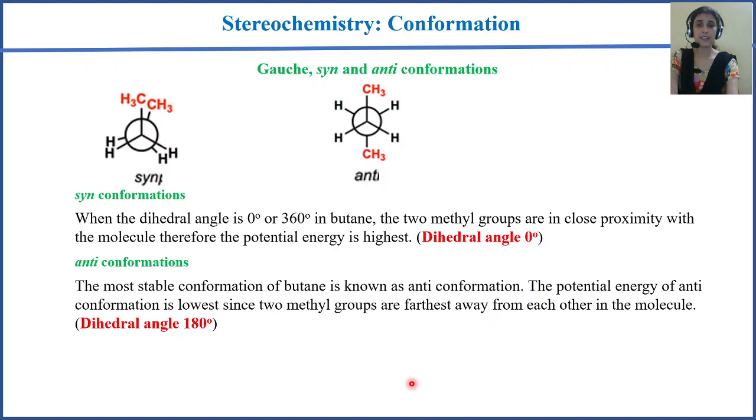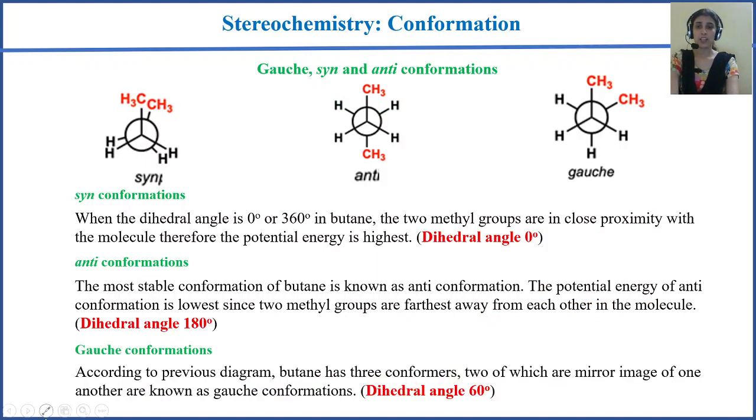So the term gauche conformation, according to the previous diagram I have just shown you, butane has three conformers, the energy minima positions, two of which are mirror images of one another, known as gauche conformations, where the separation between the two methyl groups is 60 degrees.